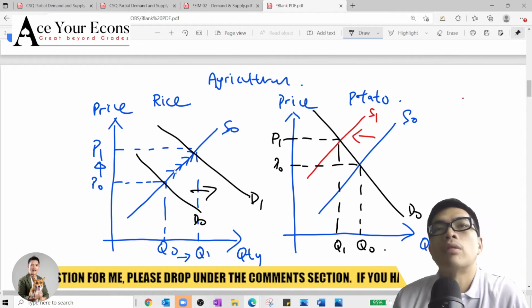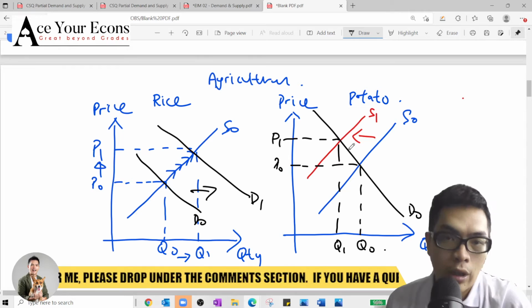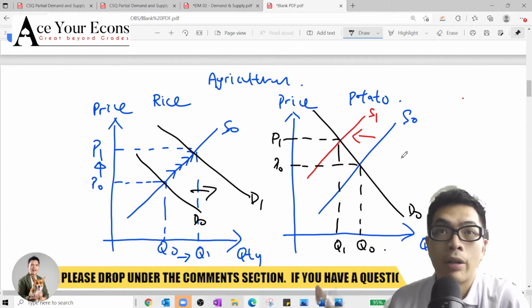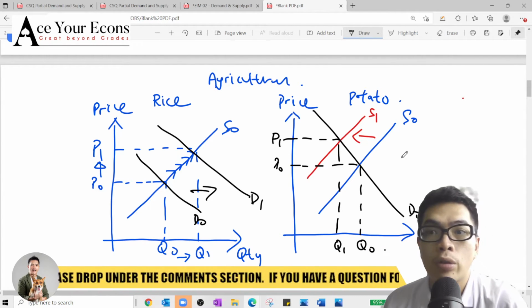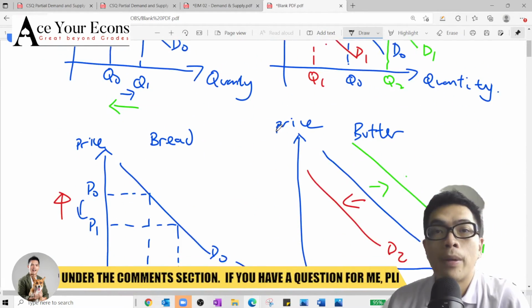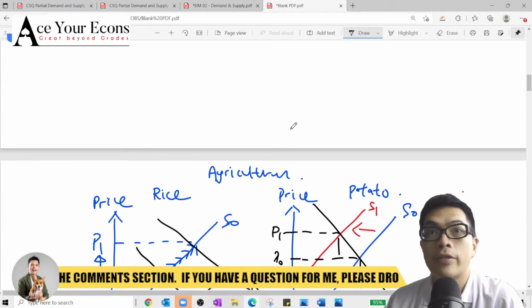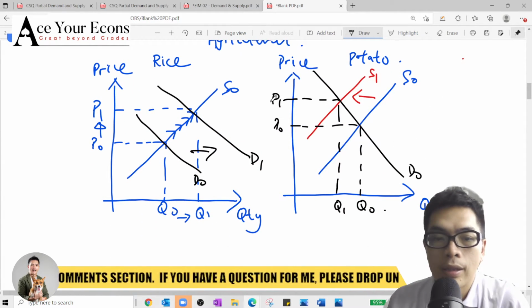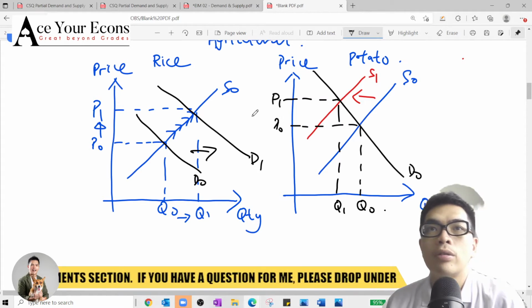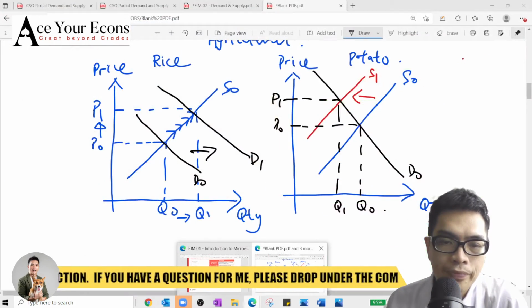In the future, we will be using the complete picture to illustrate. The earlier illustrations I showed you for complements and substitutes are all simplified versions. They omit the other curve, but when you put them together, it requires you to look deeper. With that, I'm going to move on.